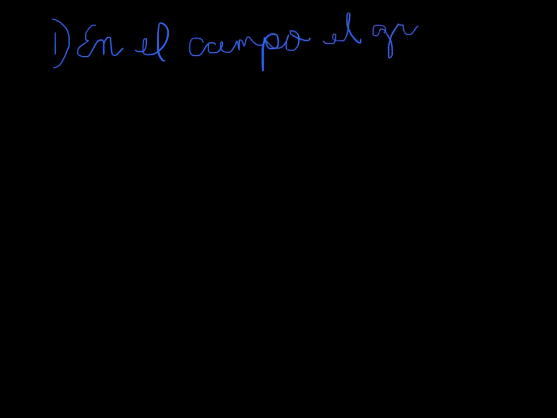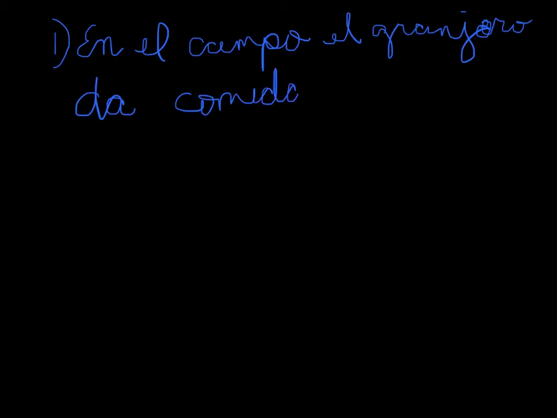Let's practice with just a couple of more sentences using both the direct and indirect object pronouns. Suppose I had the sentence about el campo. In el campo, let's say, el granjero, he's the granjero, sorry, da comida a los animales.